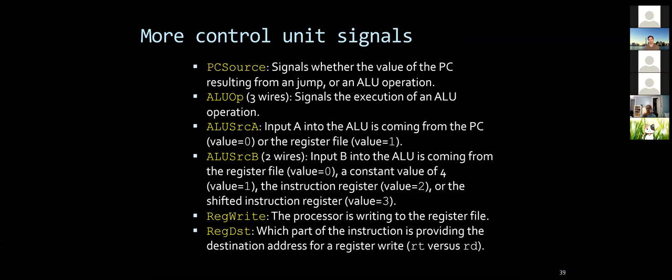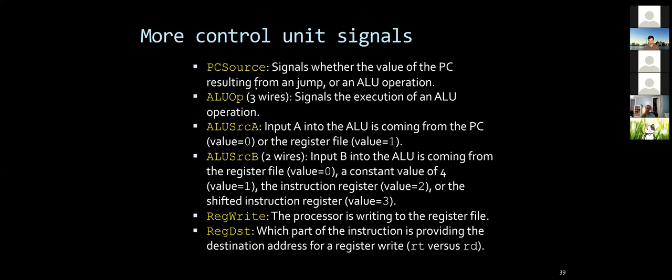Then there are things associated with the ALU. For example, this is the signal for which operation the ALU is doing. Remember, our ALU is a fancy ALU. It can do different instructions, so we need to signal which one to do, because it can do an add, it can do a subtraction, it can use one register and a constant like plus 1, or it can do something else.